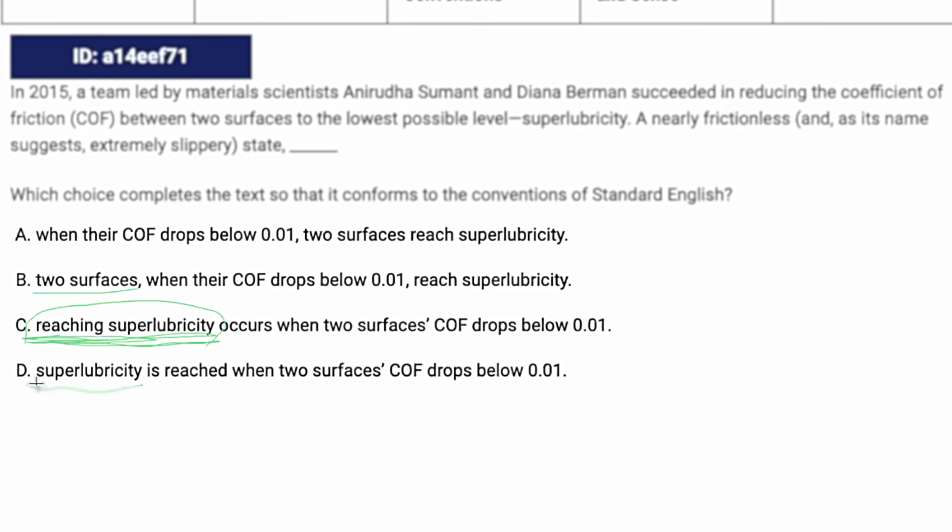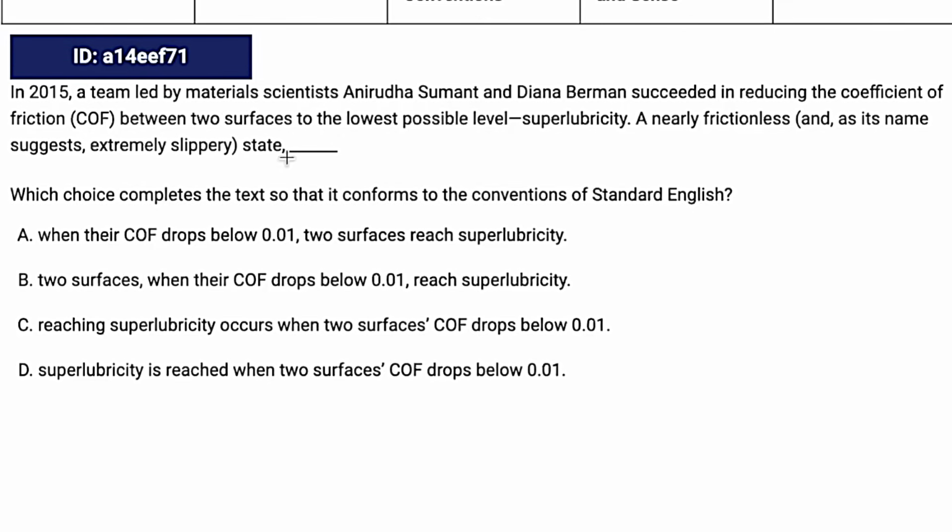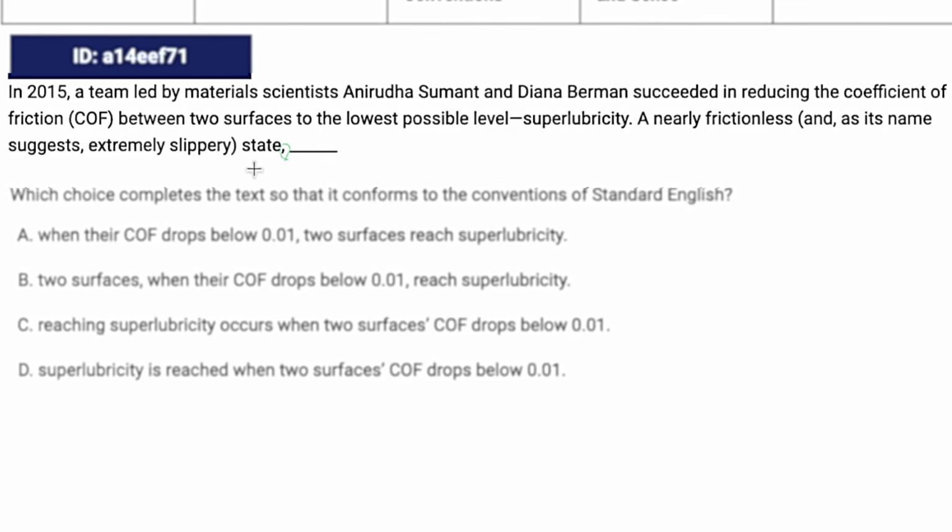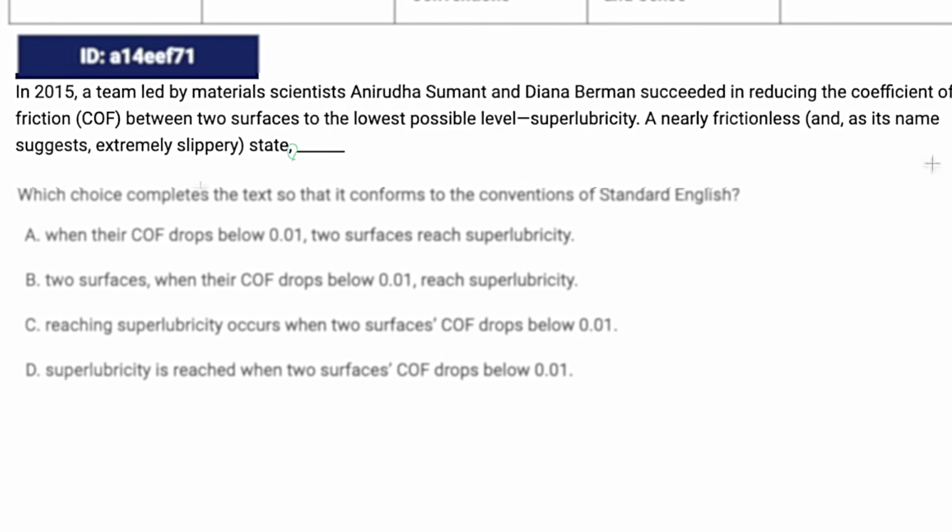Then we have superlubricity, another noun, but then we also have "when their CFO drops below 0," so not a noun. So that one's not quite following the theme. Anyway, let's follow the rule here. Remember, we're going to find our comma, and then whatever's described before the comma is what should come right after the comma. And you can see here we've got parentheses, which is a really easy way to spot that non-essential information that we can kind of ignore.